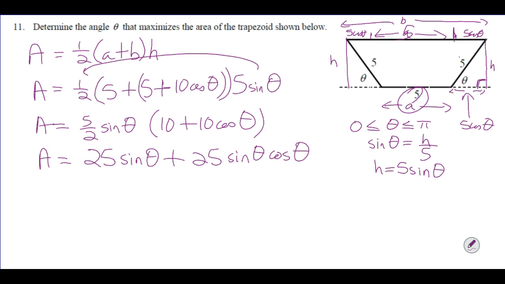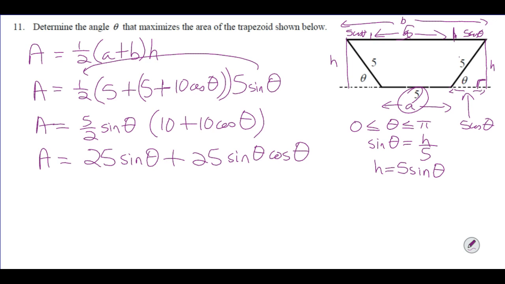Hey, wait a sec. We just did one where we had a sine theta cos theta, right? What are we going to do with sine theta cos theta? We're going to change it into sine 2 theta. But we don't have a 2 in here, unless we make this 1/2 of what it was.